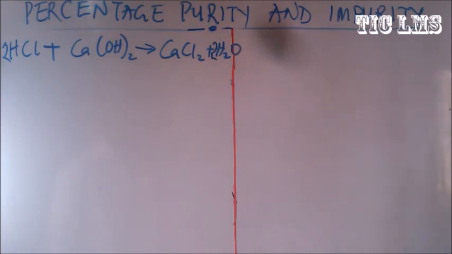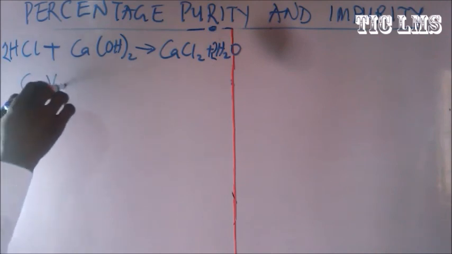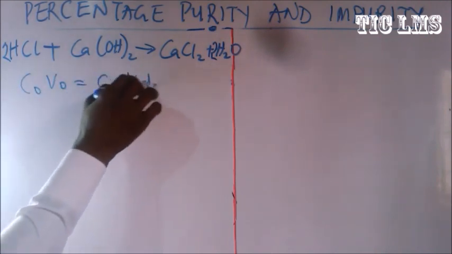Now for the acid, we were told that originally we had 10 molar with a volume of 10 cm cubed, but it was further diluted into 1 dm cubed, which is 1000 cm cubed. Using our principle of dilution, which is CoVo equals CdVd.